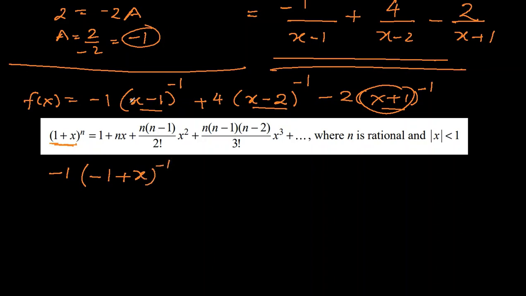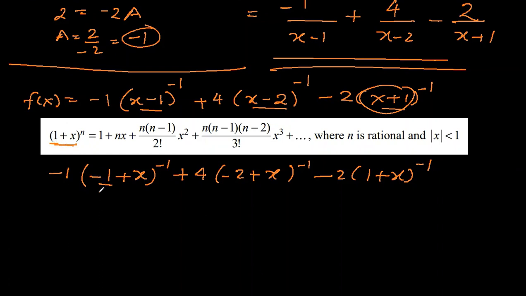I rearranged the 2 inside here. Then plus 4(-2 + x)^(-1), and -2(1 + x)^(-1).